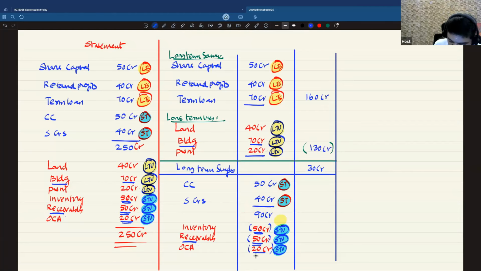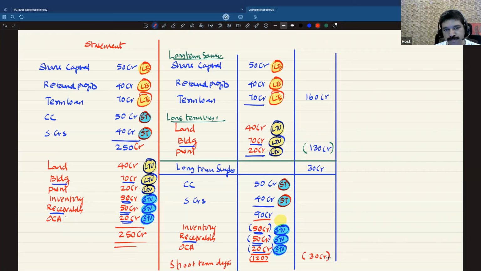So you will conclude that 90 minus 120, there is a deficit, and we call it a short-term deficit. How much is that? 90 is the source and usage is 120. So 90 minus 120, you have a short-term deficit of 30 crore. Yes or no?